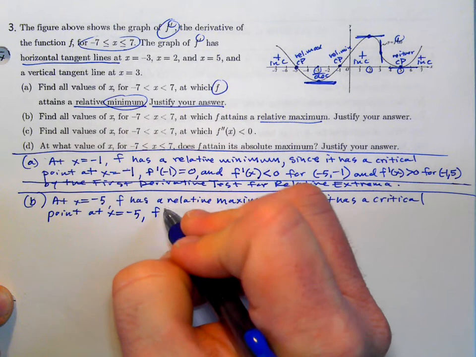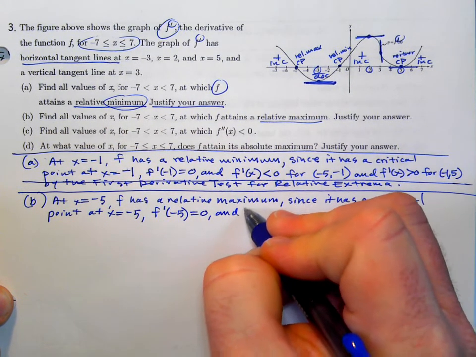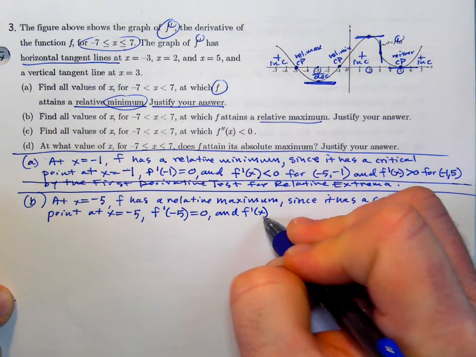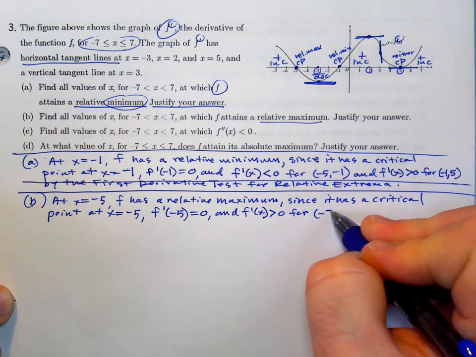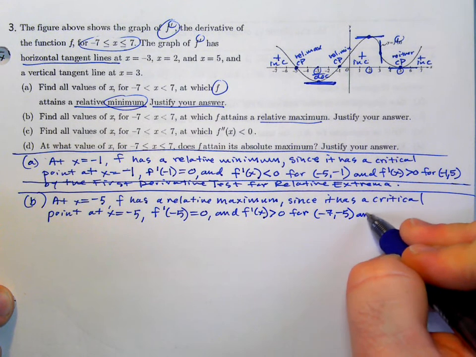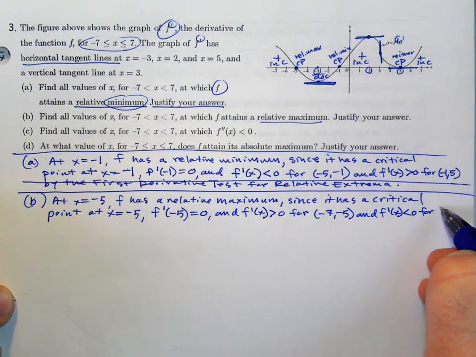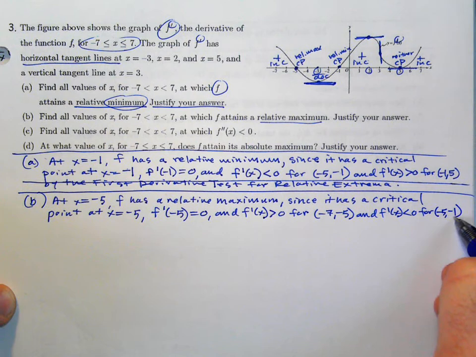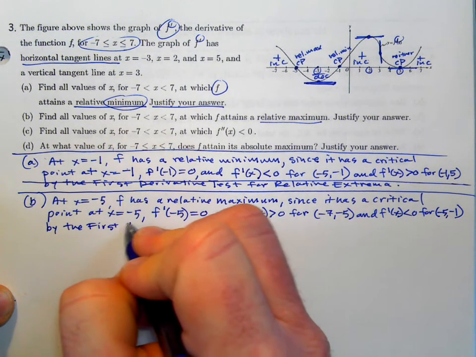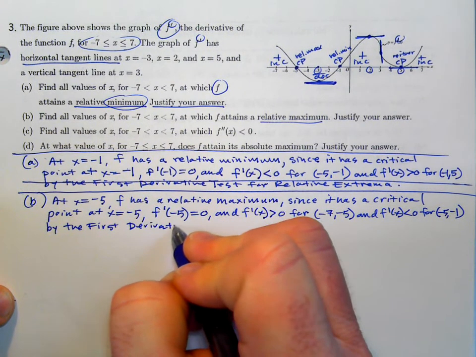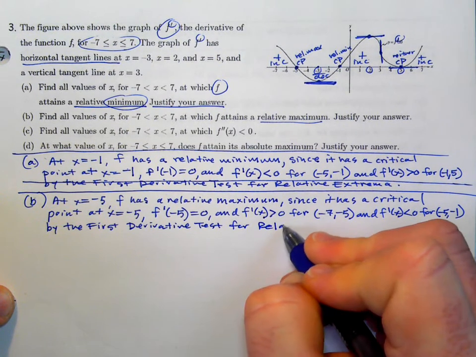We could describe exactly what kind of critical point it is, that it's 0. And f prime of x is positive for the interval of -7 to -5 on the left, and f prime of x is negative for the interval directly to the right, -5 to -1, by the first derivative test for relative extrema.